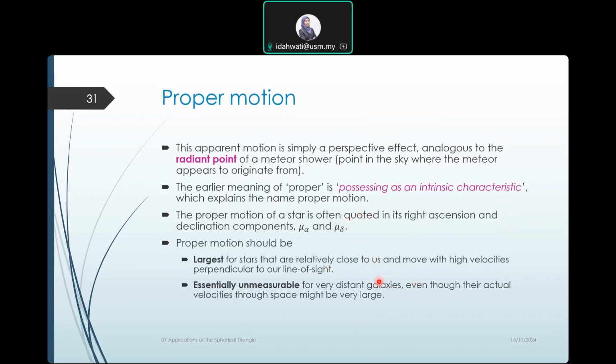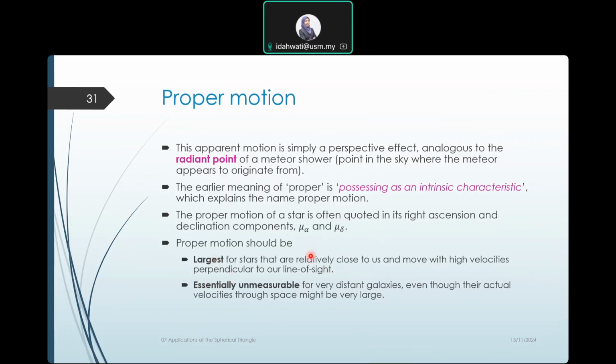This is because we are observing the motion from a moving reference, Earth, and also the relative motion of the sun and the other stars that creates the direction of movement.